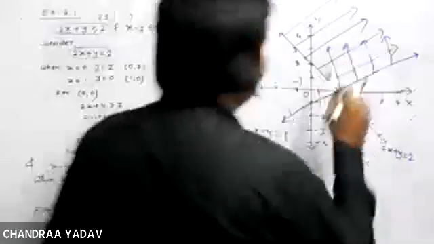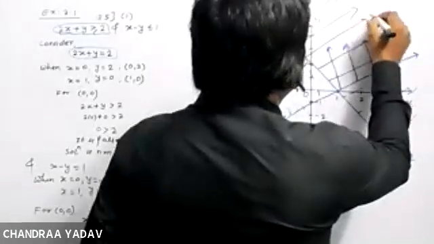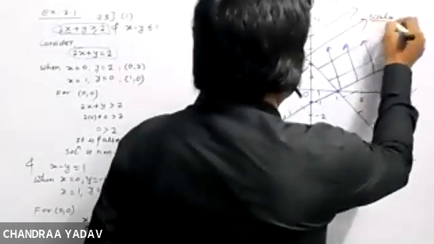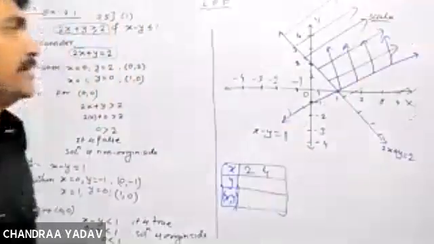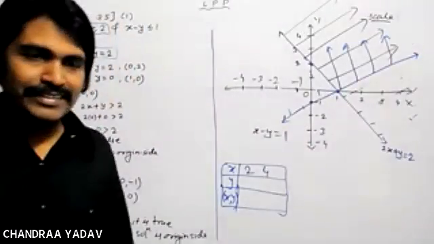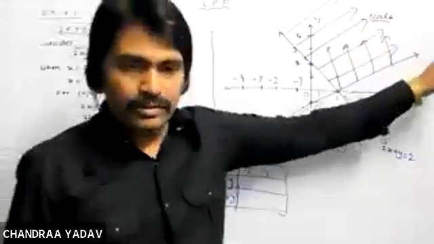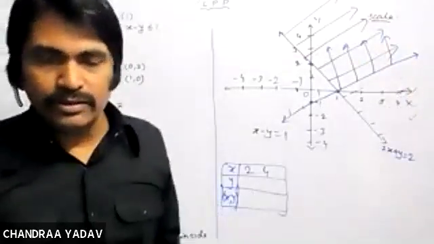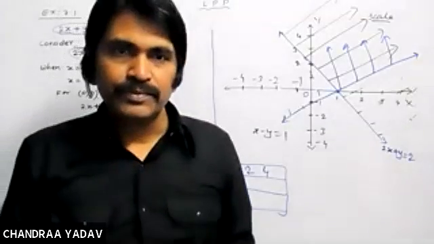Please do not forget to write the scale. If you miss the scale, you will miss the mark also. On the scale, you can write on both the axes 1 centimeter is equal to 1 unit.